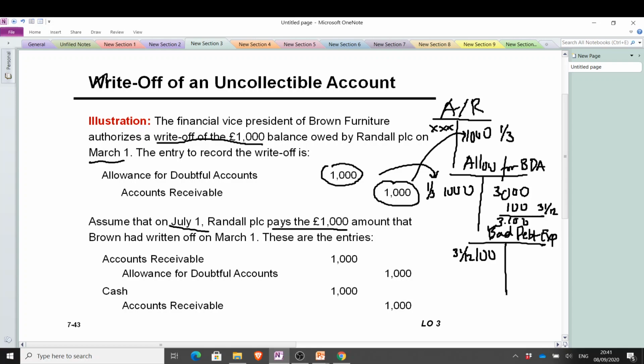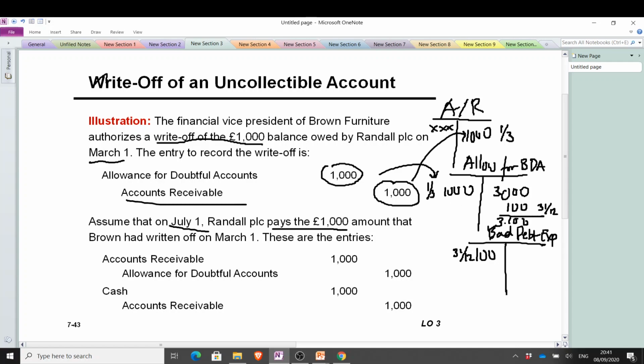So it turns out that Randall can pay the 1,000 of the receivable that has been written off. So we make a new entry here.